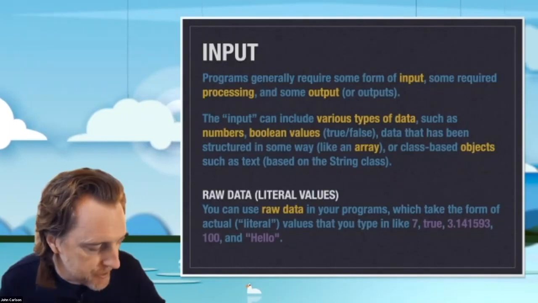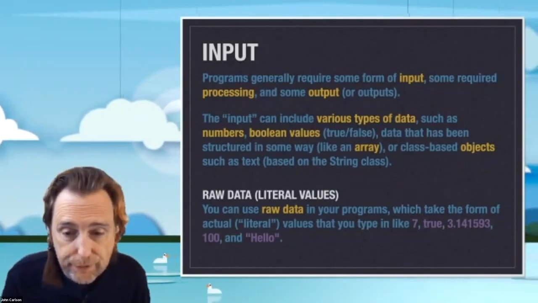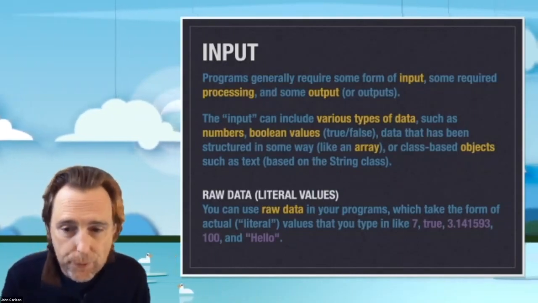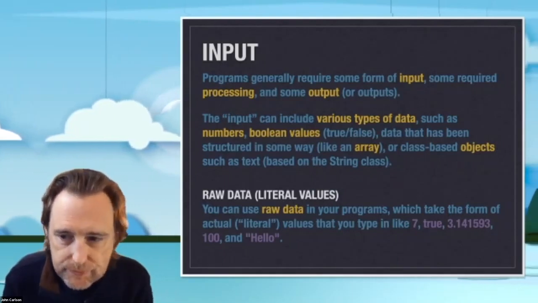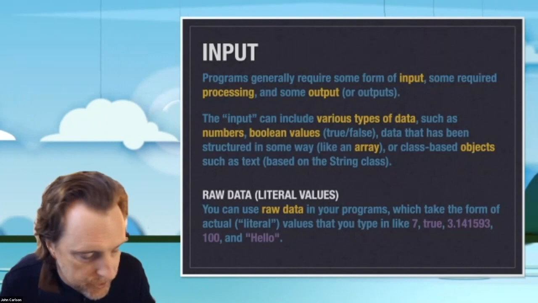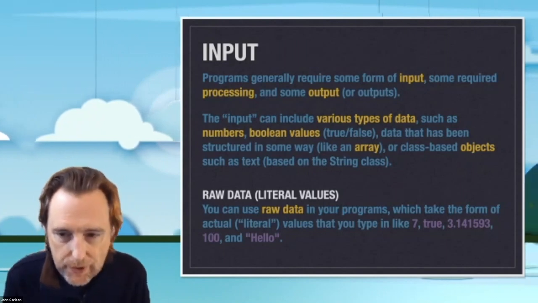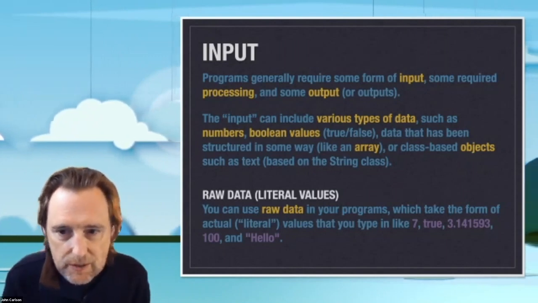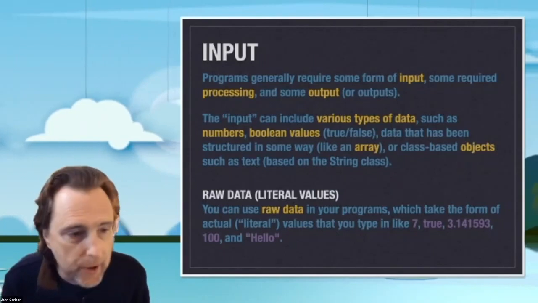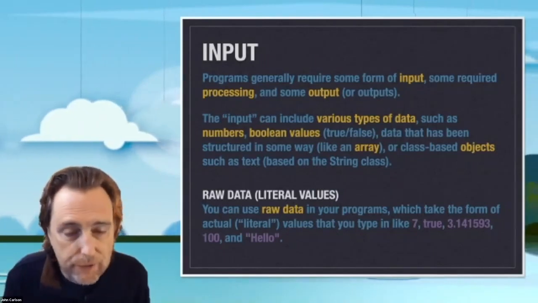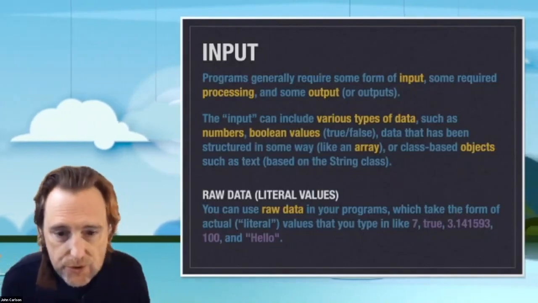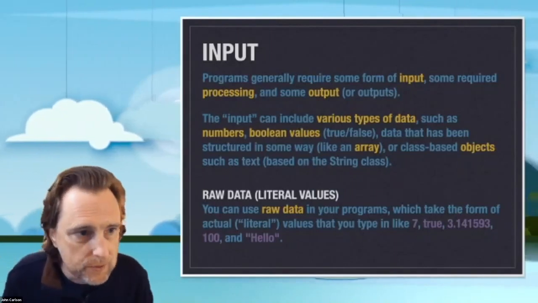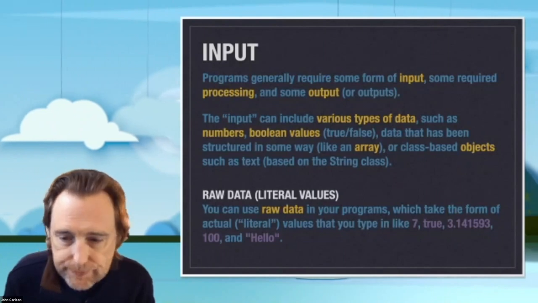All of that could be stuff that you're going to acquire for your program and then work with. So I'm using two different terms here when I talk about data. One is literal, the other is variable. So the difference is literals are numbers, are values, are text, and variables are storage spots for data, for literals.